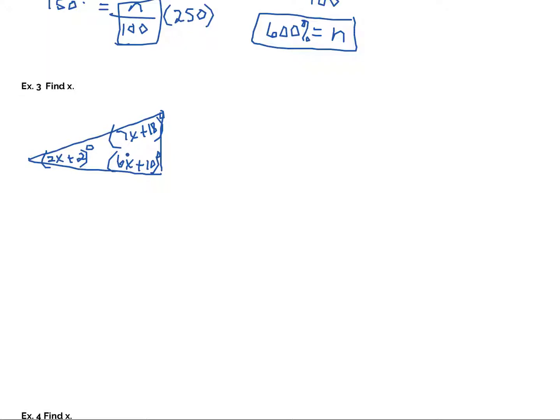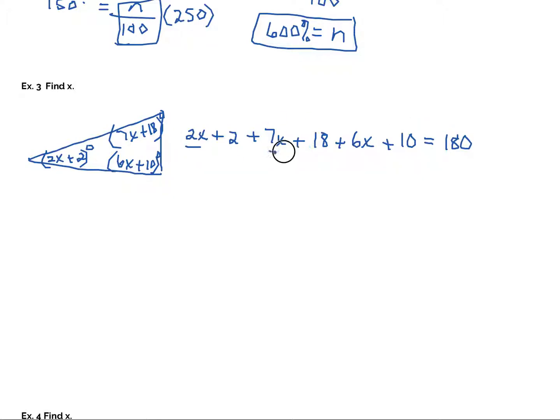The principle to keep in mind is all the degrees of a triangle add up to 180 degrees. So I'm just going to take these, all your degrees, and add them together. Here we go. And we know all the angles add up to 180 degrees, so we say equals 180. And we add up all the x's.